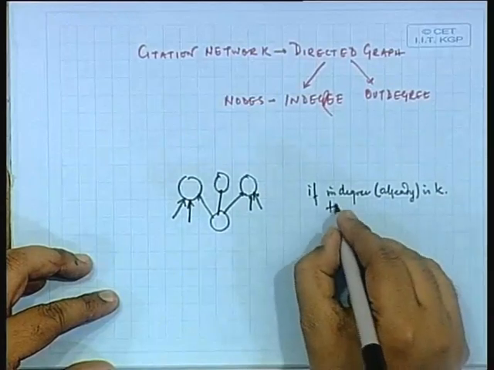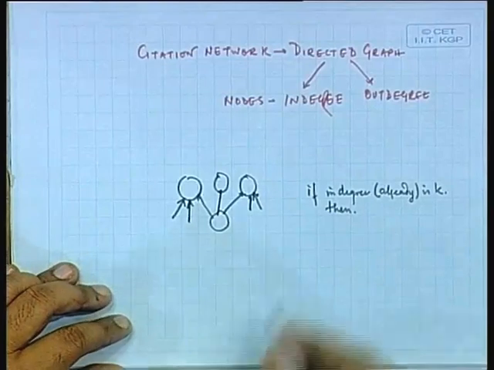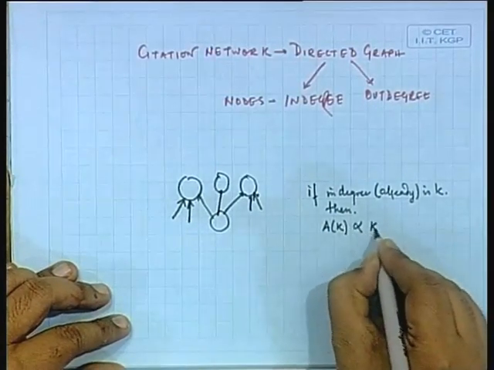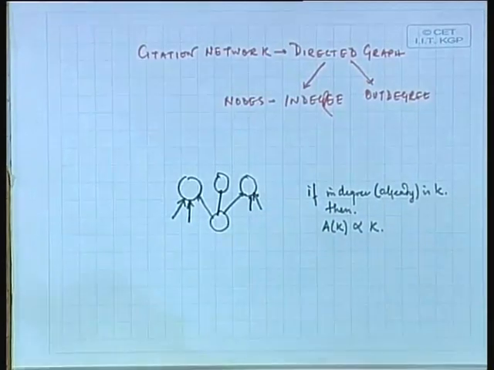then say the probability of attachment A_k is proportional to k. I am just trying to make it more formalized.